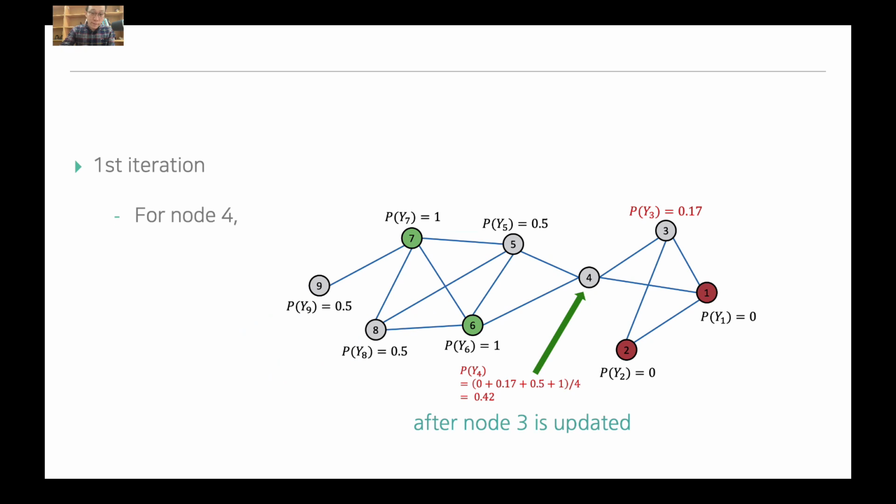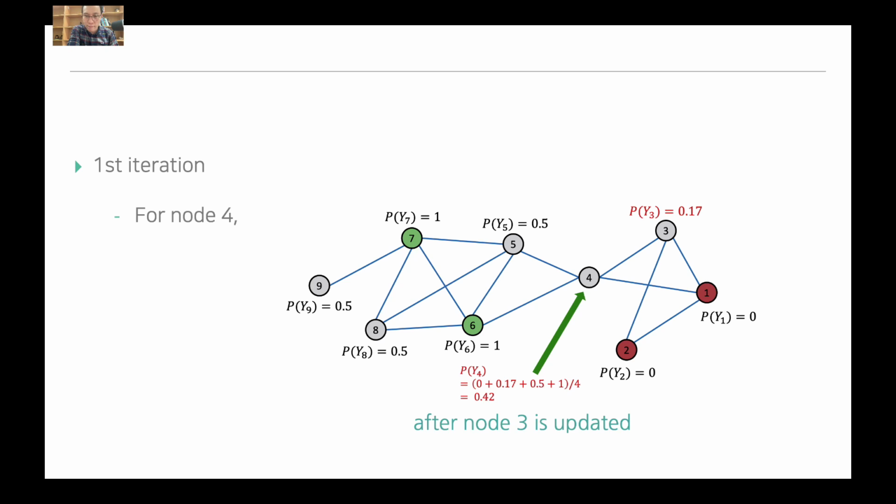And node 4 is connected to 5, 6, 3, 1, 2, and we can utilize the updated probability if it is available. So we just average: 0 from node 1, 0.17 from node 3, 0.5 from node 5, and 1 from node 6.